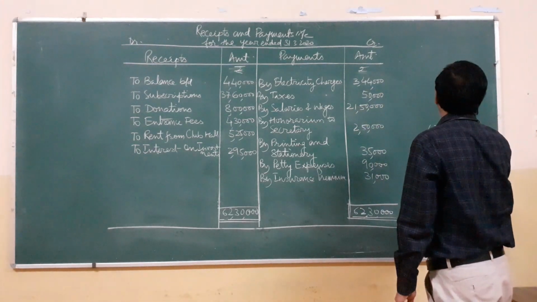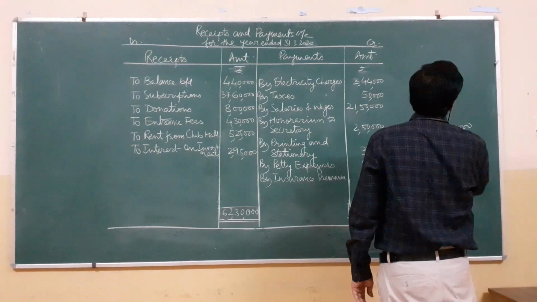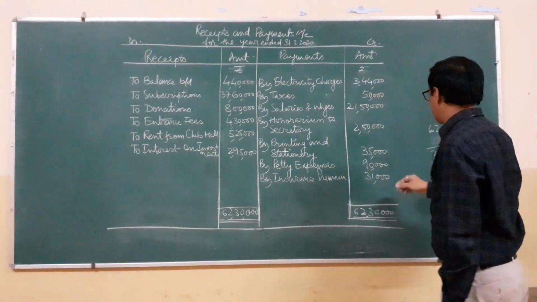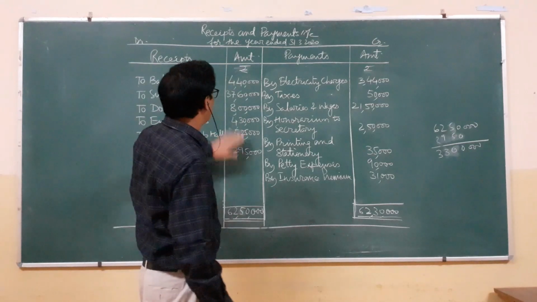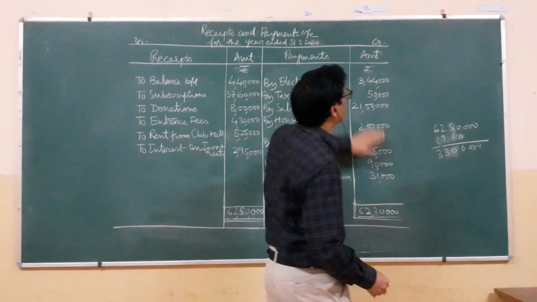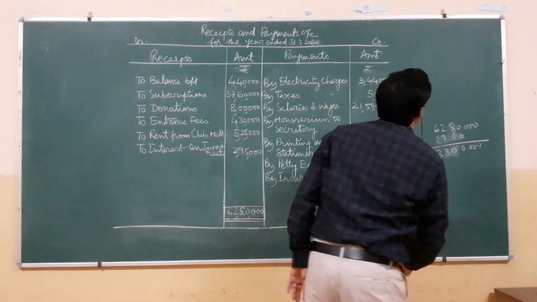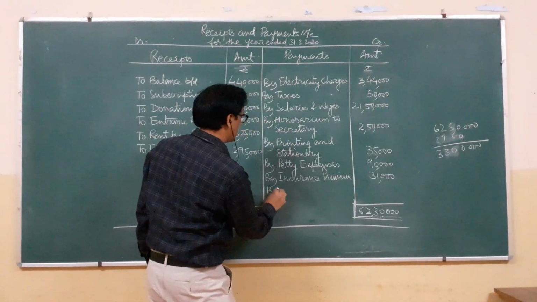It is 3050. So the total of this side is 62 lakh 50,000 and here it is 29 lakh 50,000. So the difference comes to 33 lakhs.